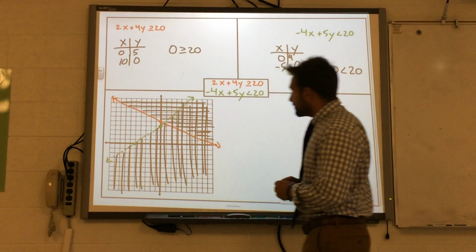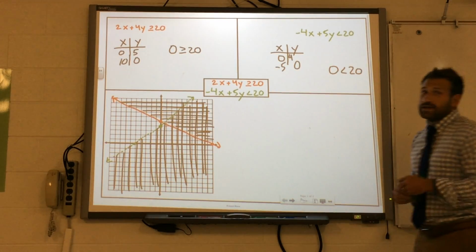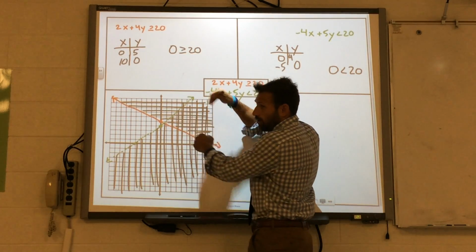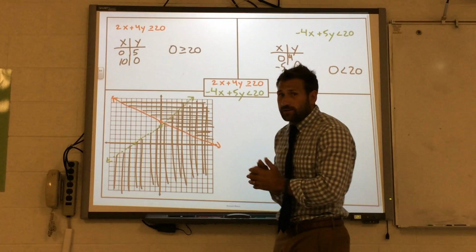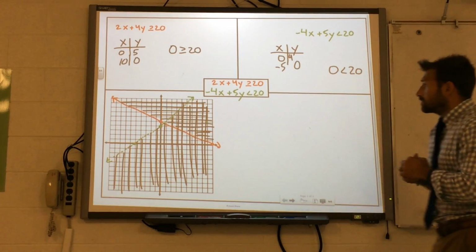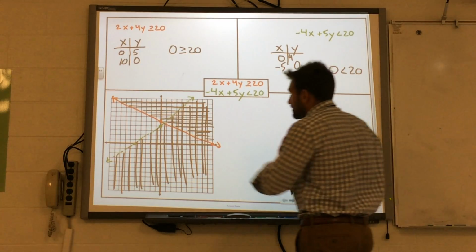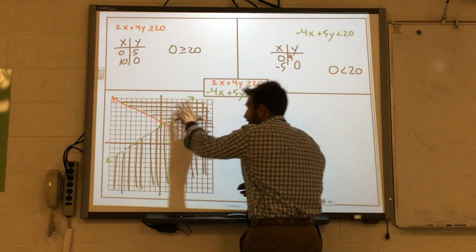And if you notice, we shaded one section twice. It's this region right in here where our horizontal lines and our vertical lines intersect. That tells us that this is our shaded region.